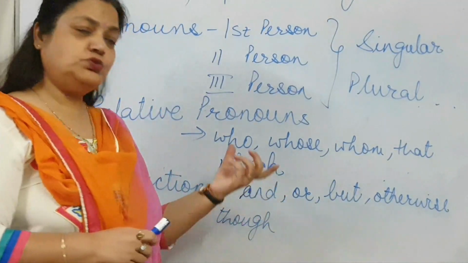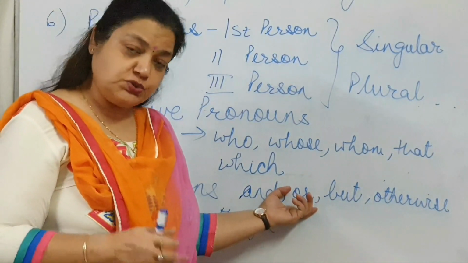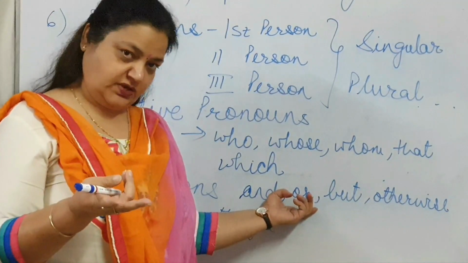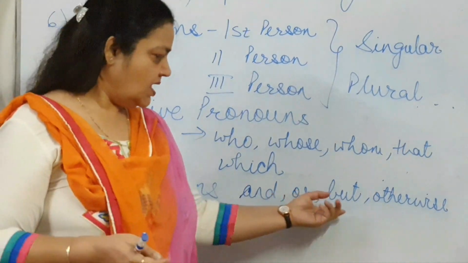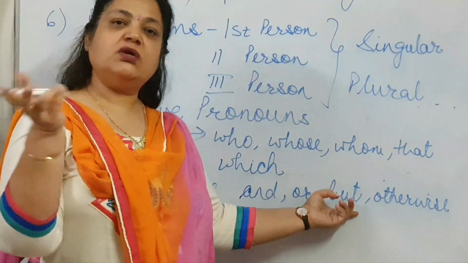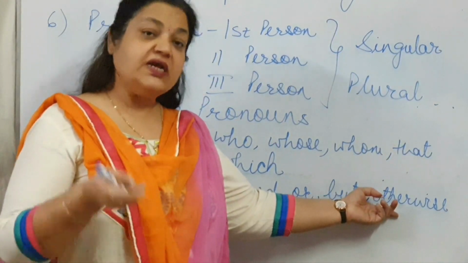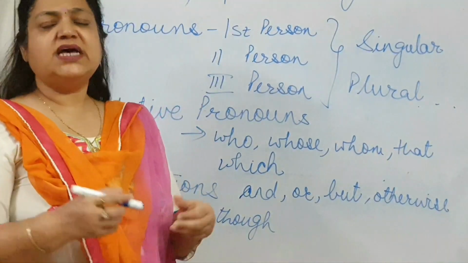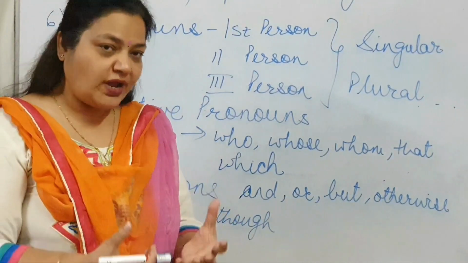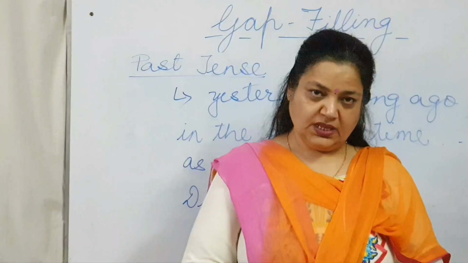Now, and is used to join two things, or is used when two options are given. We can take either this option or that option. But is used when we are talking about two opposites. Otherwise is used when a condition is given, and so on. So we just have to understand the requirement and then choose the correct option.